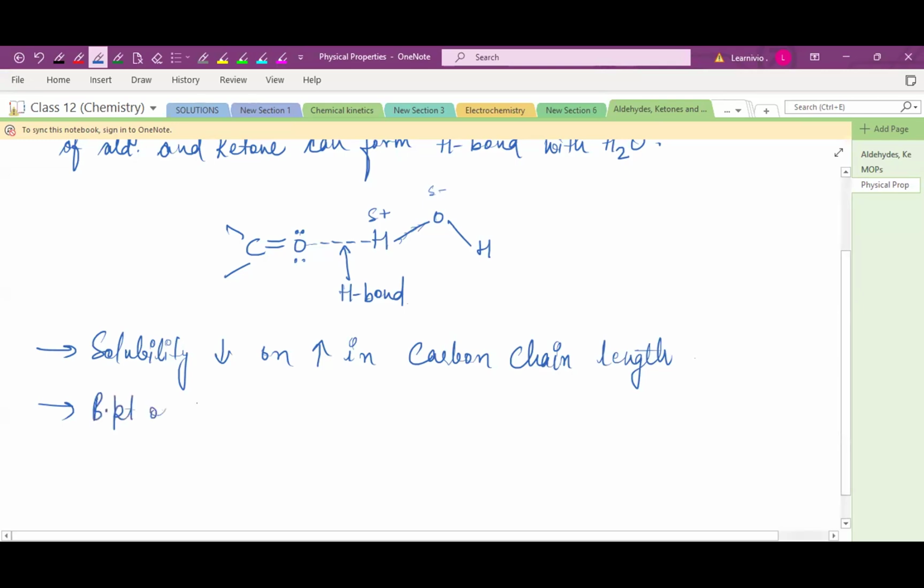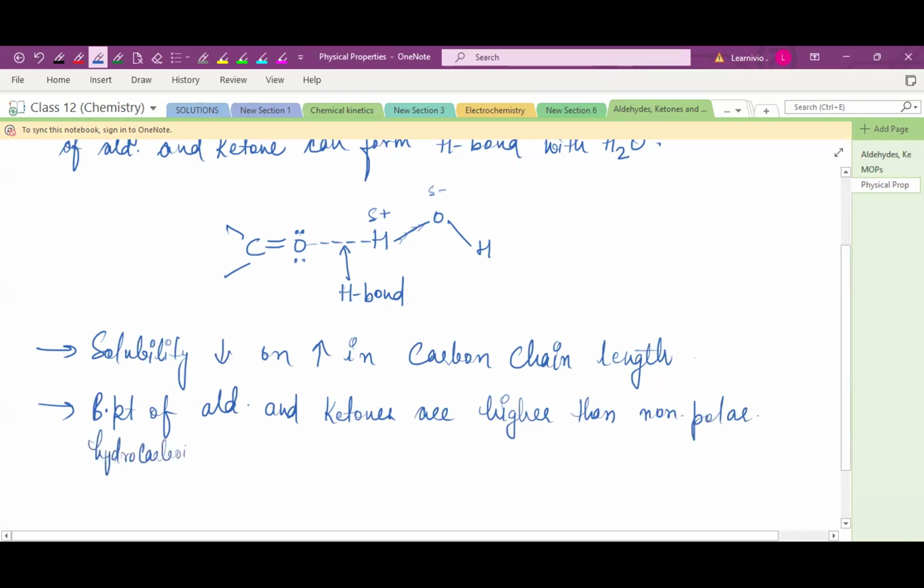Boiling point of aldehydes and ketones are higher than non-polar hydrocarbons and weakly polar ethers.